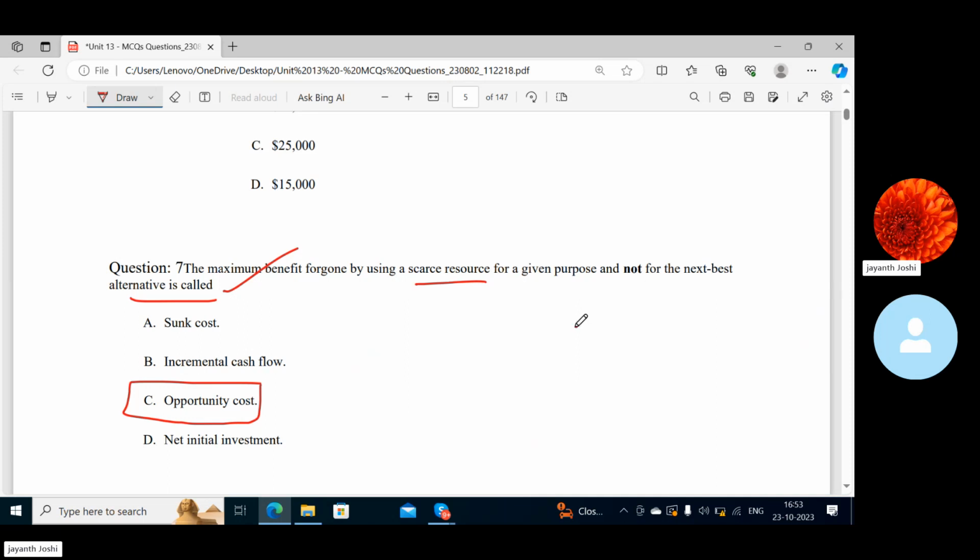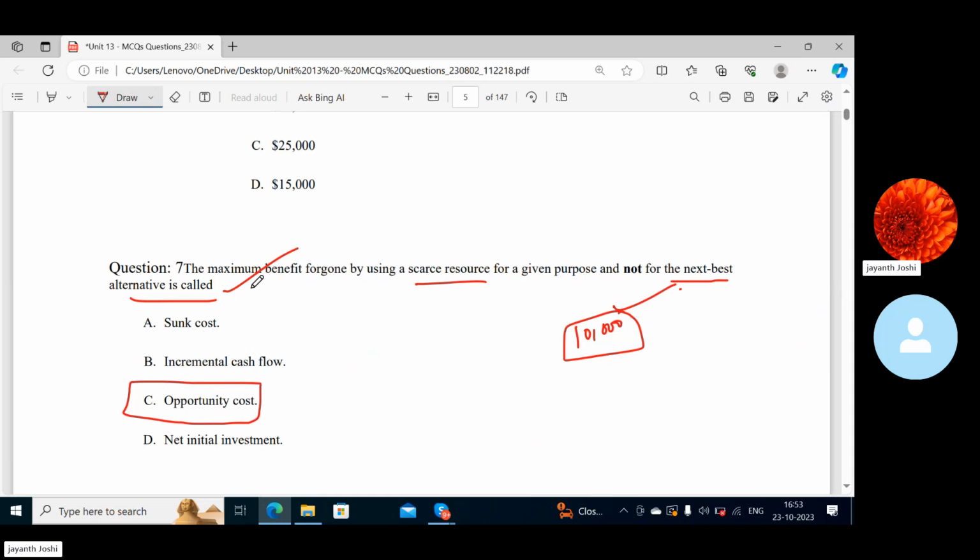Opportunity cost is the maximum benefit foregone by using a scarce resource for a given purpose.